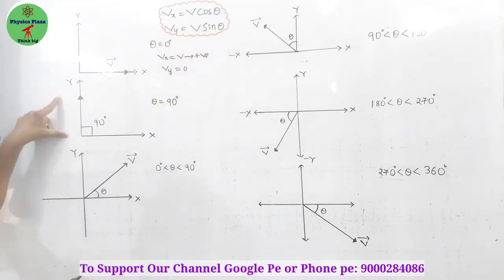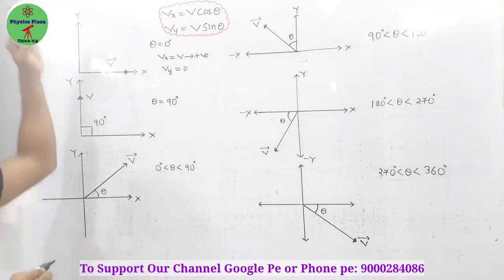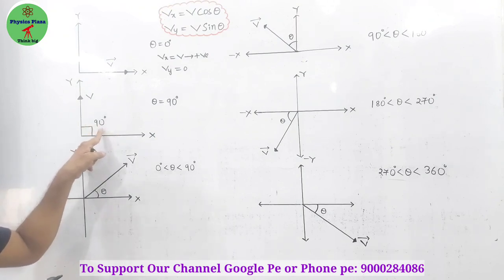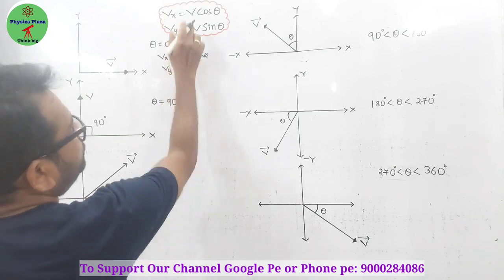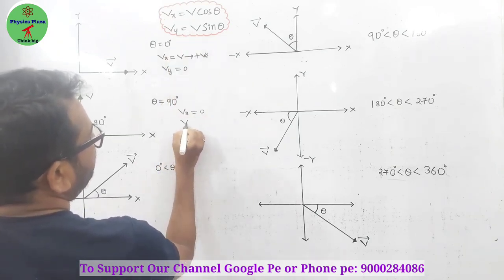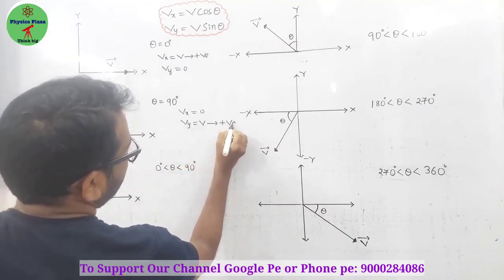Now in the second case, the velocity vector is along the vertical line. So what is the angle made with the horizontal? Theta is equal to 90 degrees. When theta is 90 degrees, Vx will be 0, but Vy will be V, and it is positive. Try to understand, very important.